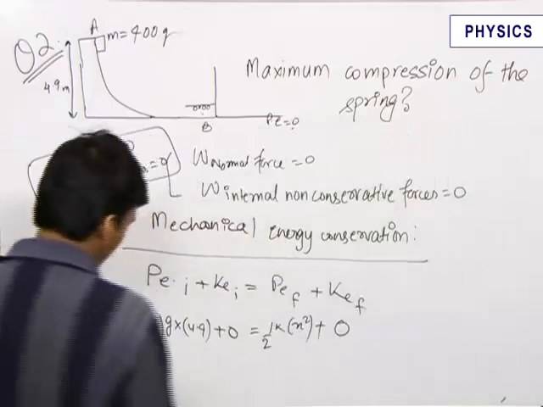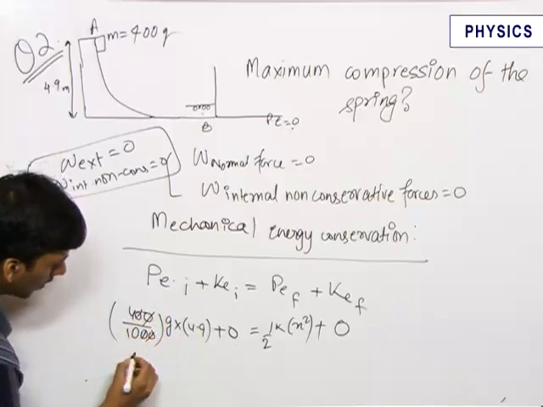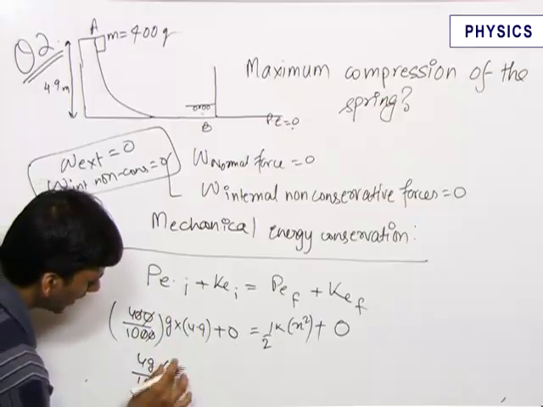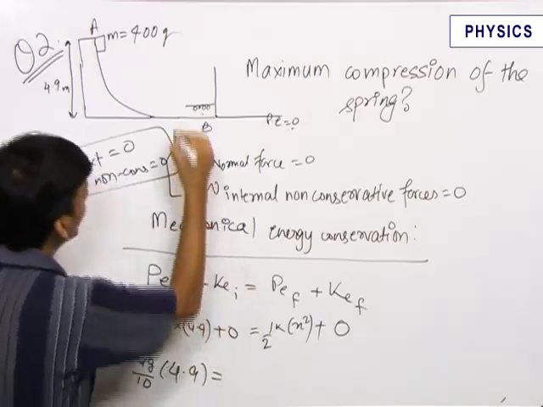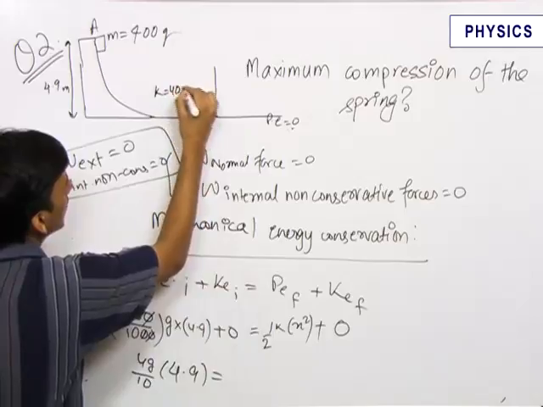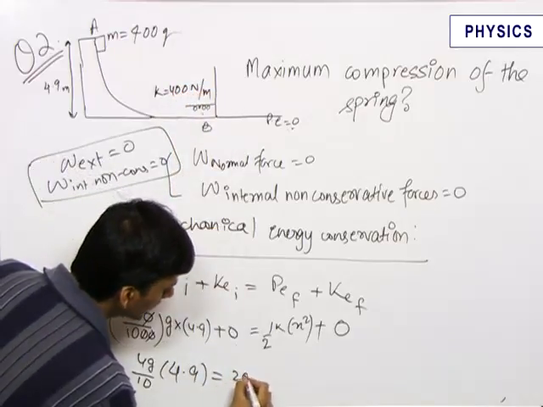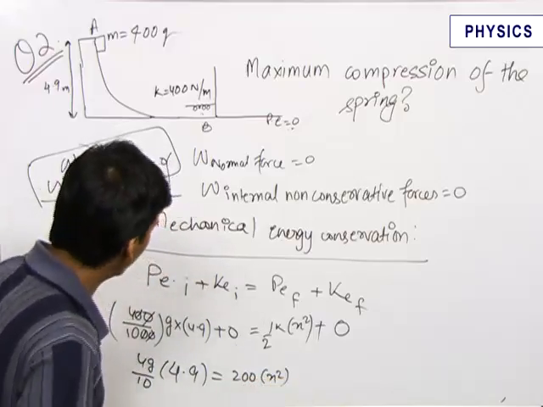So here we go about solving this question. 4g by 10 into 4.9 is equal to half k x square. The value of k is given to be 400 Newton per meter, so that is equal to 200 x square. So we solve this equation.